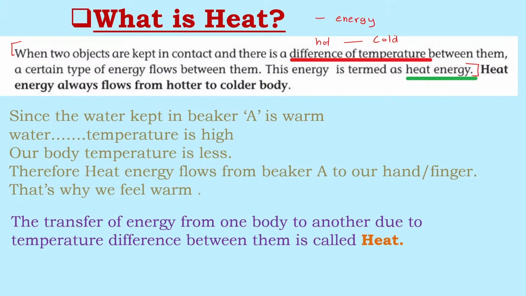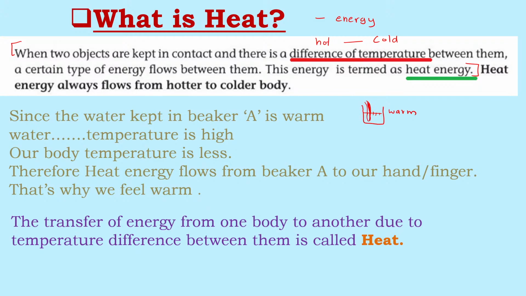So that's why, when you put your finger in beaker A, in which I have kept hot water, what did you notice? Our finger was feeling hot, isn't it? In beaker A, the warm water was there. When we dip the finger in this, what happened?